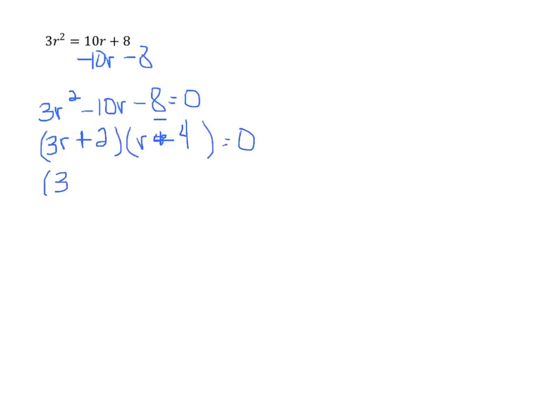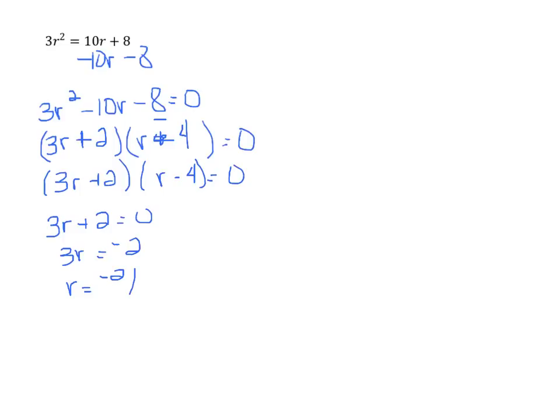Let me clean it up. So I know that 3r plus 2 has to equal 0, or r minus 4 has to equal 0. So my solutions, negative 2/3 and 4.